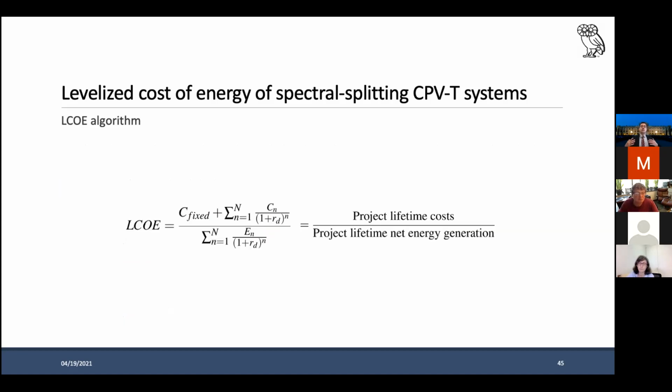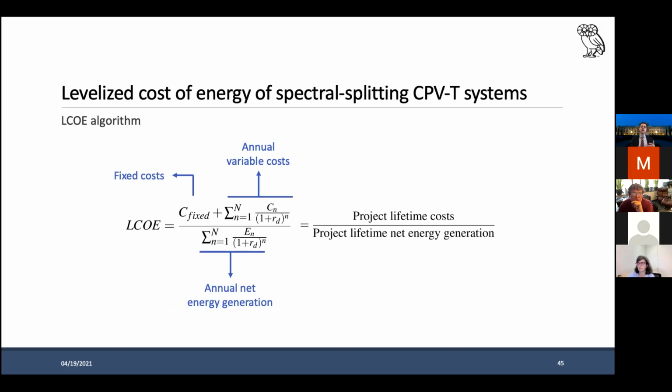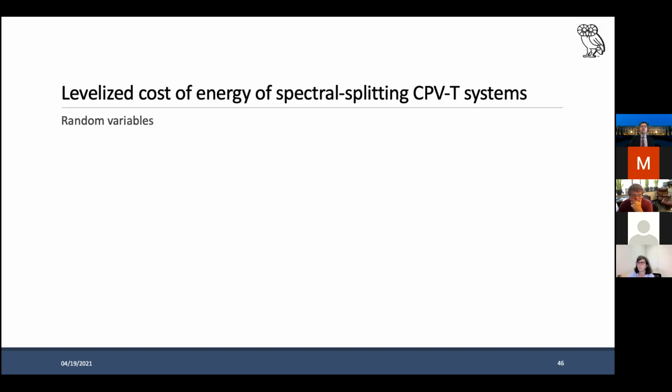The LCOE algorithm included an annual cash flow analysis of the project by considering the initial fixed costs, annual variable costs, and the annual net energy generation by the power block and the solar cells. We calculated the LCOE using a probability distribution approach where some of the input variables were taken as random variables.